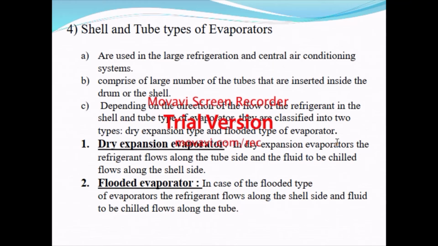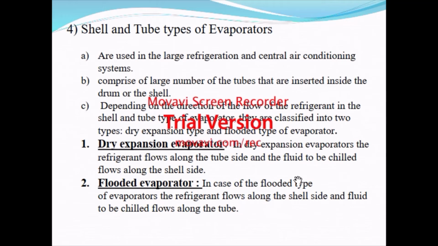In the dry expansion evaporator, the refrigerant flows along the tube side and the fluid to be chilled flows along the shell side. And the second one, the flooded evaporator.